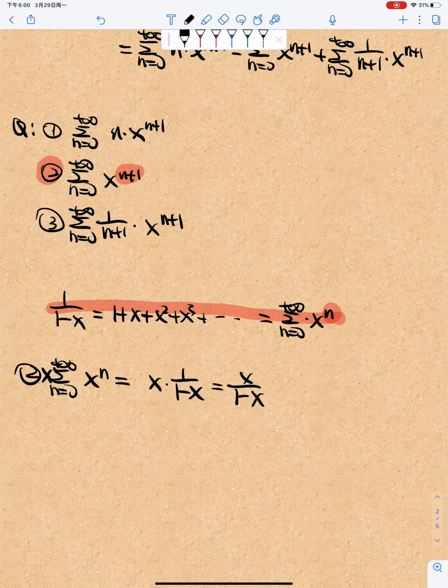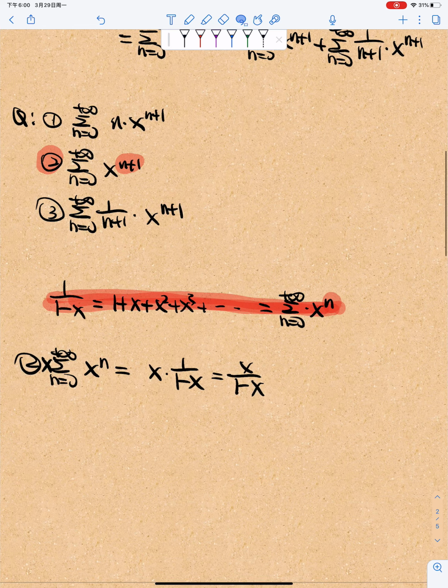What about number 1 and number 3? In order to figure out the function for number 1 and number 3, it turns out that we need to consider the derivative and the integral of the equality that we have here.